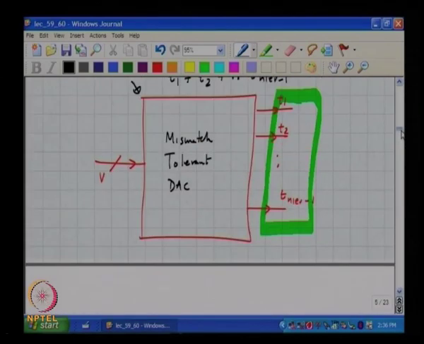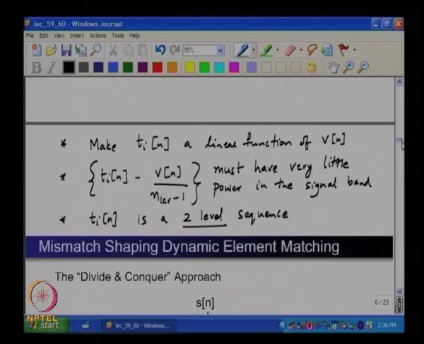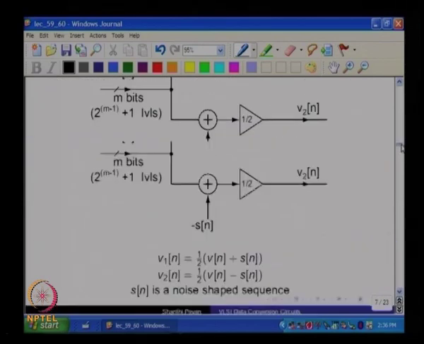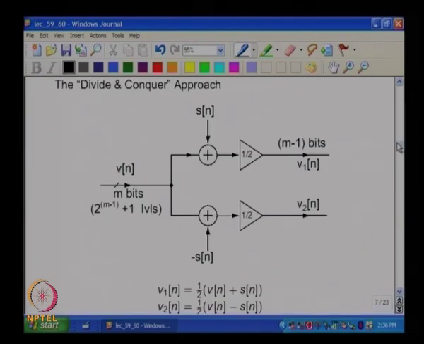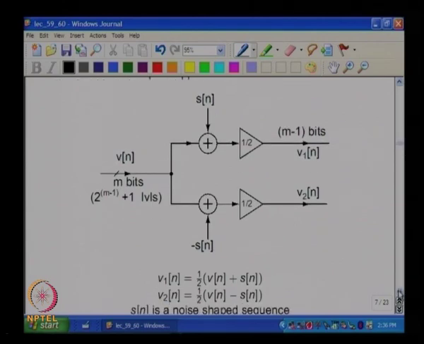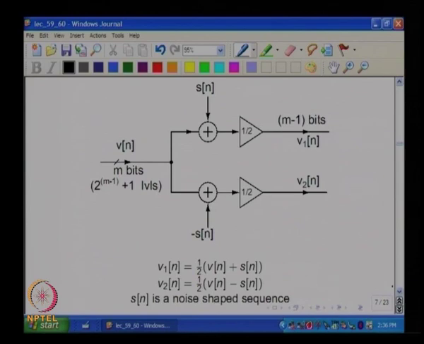Okay. Now, so one approach to do this is something that we are aware of from many contexts, right.